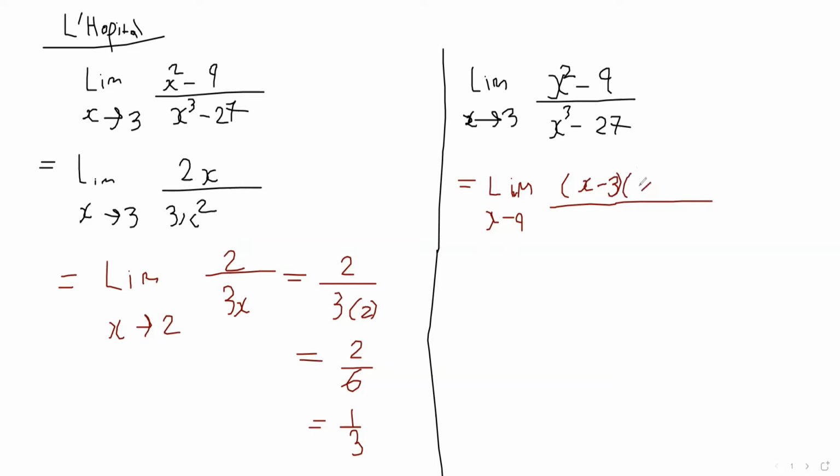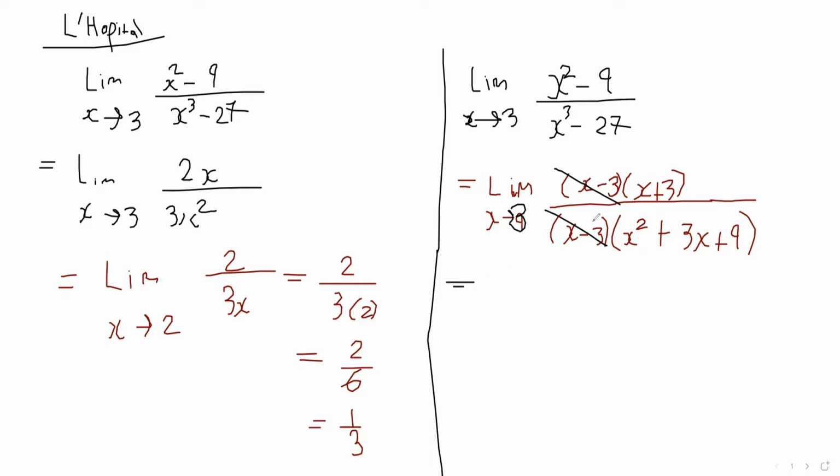In the denominator, we can factorize x cubed minus 27 as x minus 3 multiplied by x squared plus 3x plus 9. If you don't believe me, expand x minus 3 times x squared plus 3x plus 9, and you're going to get it back. Then the x minus 3 cancel, and you can plug in as x approaches 3.